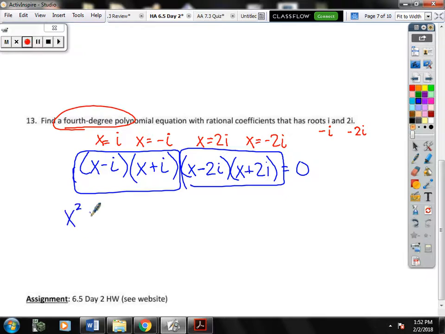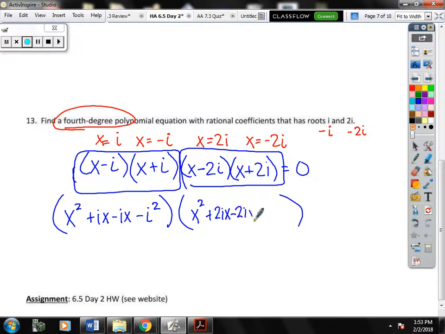So we should get x squared plus ix minus ix minus i squared. Keep that grouped. Over here we'll get x squared plus 2ix minus 2ix minus, don't forget to multiply the 2 and 2 to get 4i squared. And then you have some cancellations going on.